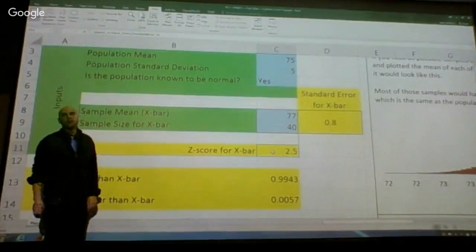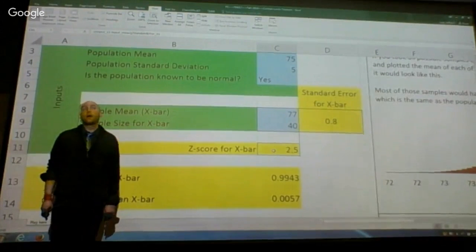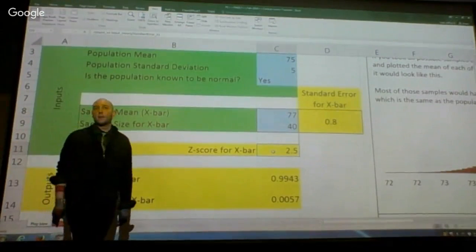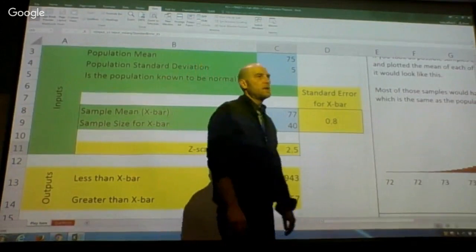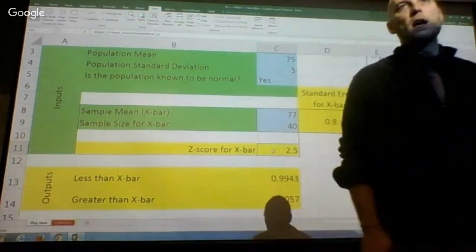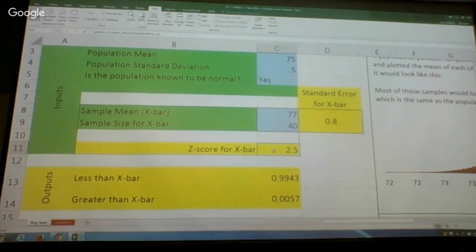And then I've got other things on here which will check your work for you. So if you're working on practice problems or you want to generate some examples to work on, you can input those things into the blue cells, and this Excel workbook will show you what the answers are. So you can get through them with some efficiency.